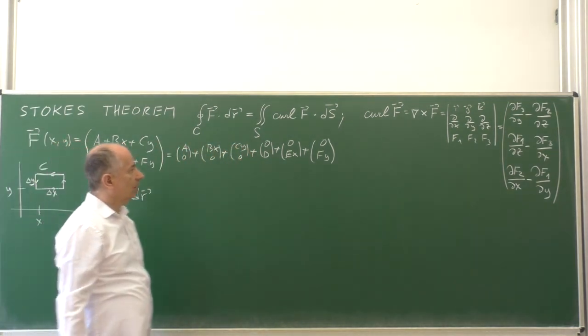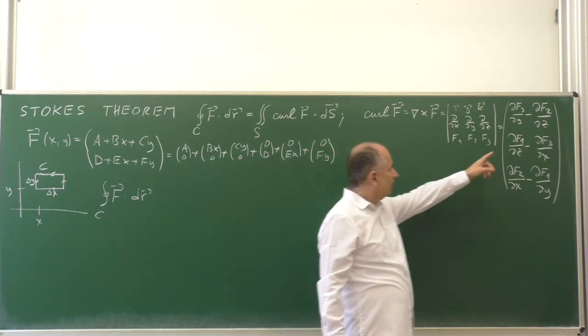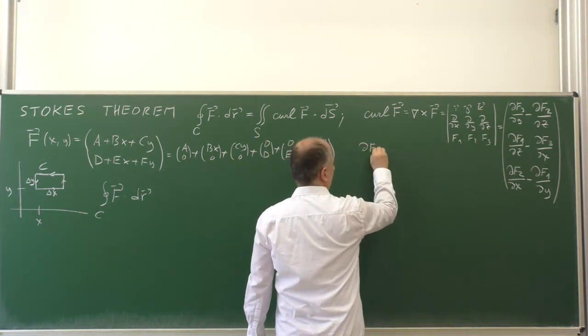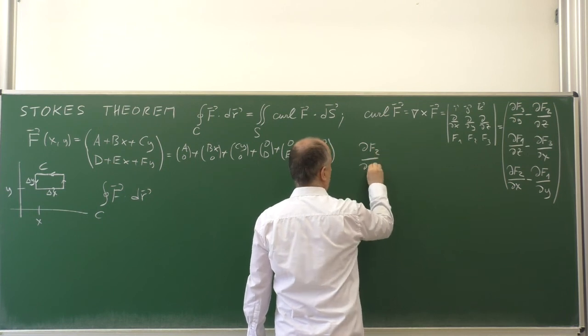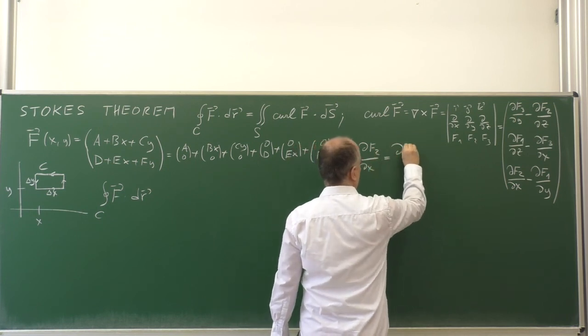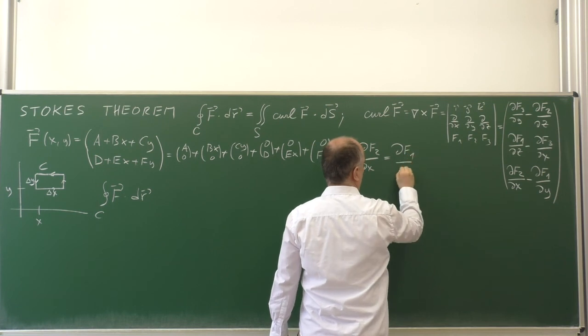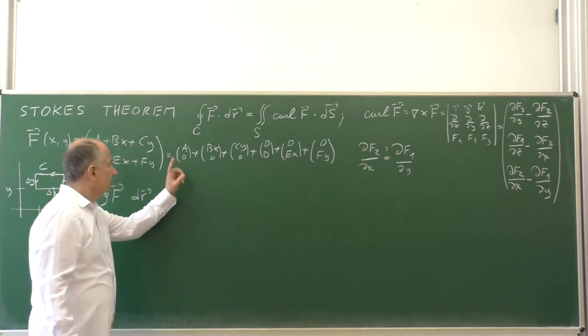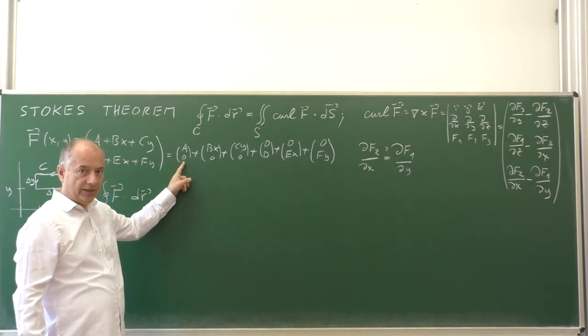And now, if we check the curl, namely whether the derivative of f2 with respect to x is equal to the derivative of f1 with respect to y, then for a constant vector field, yes.